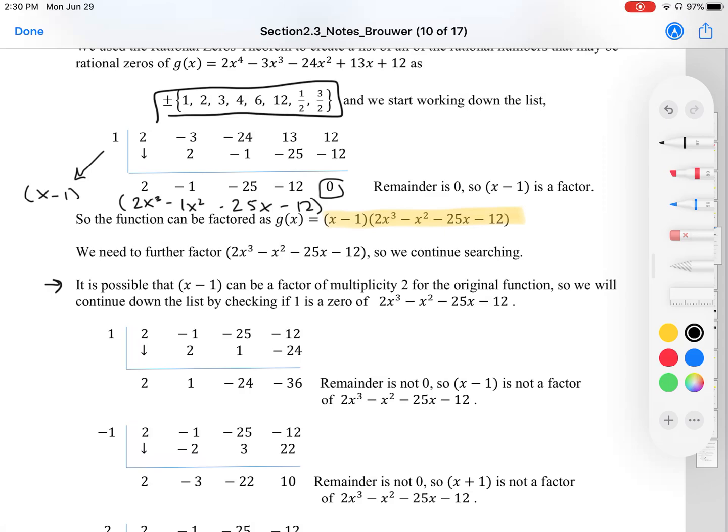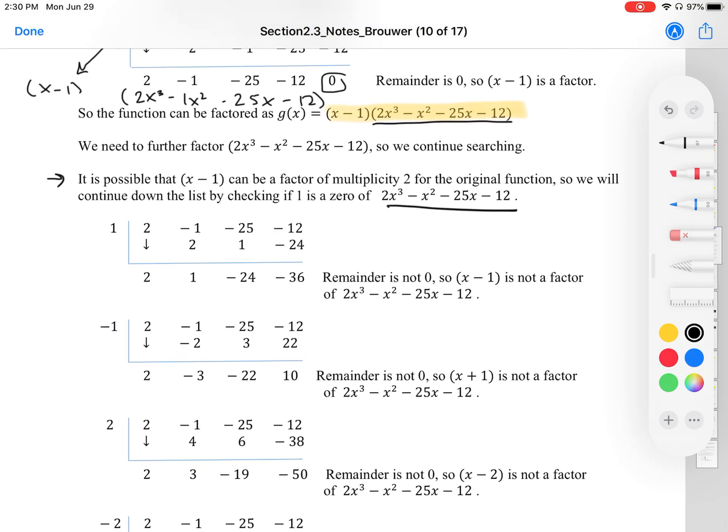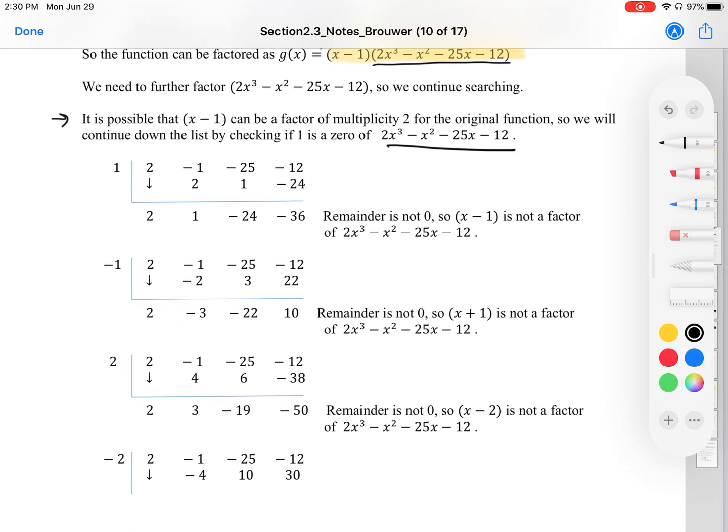So we will continue down the list by checking if 1 is a 0 of our new factored form, 2x cubed minus x squared minus 25x minus 12. Let's try 1 again. If it works, which it can, then 1 repeats. It's a multiplicity of 2. Well, we try 1 again, and we don't get a remainder of 0.